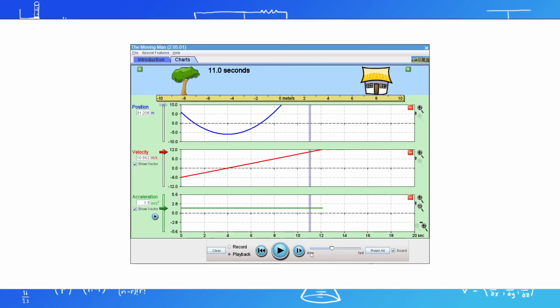So I'm going to play back, rewind, and we already have this scenario. We had a person already moving to the left, and they do turn around, but first they traveled a little bit to the left, then they had to slow down. They had a momentary pause.